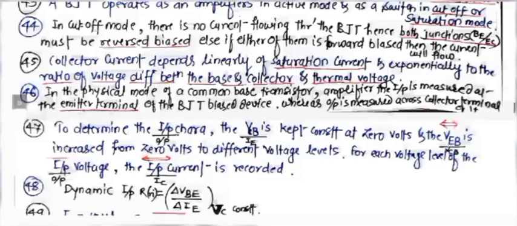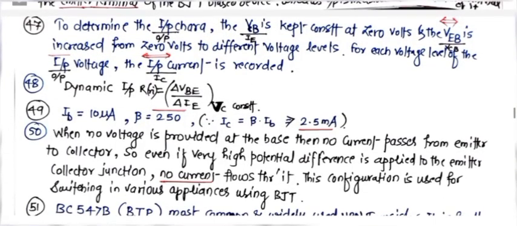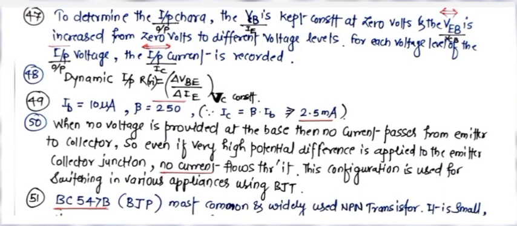To determine the input characteristics, the collector base voltage is kept constant at 0 volts and the emitter base voltage is increased from 0 volts to different voltage levels. For each voltage level of the input voltage, the input current is recorded.